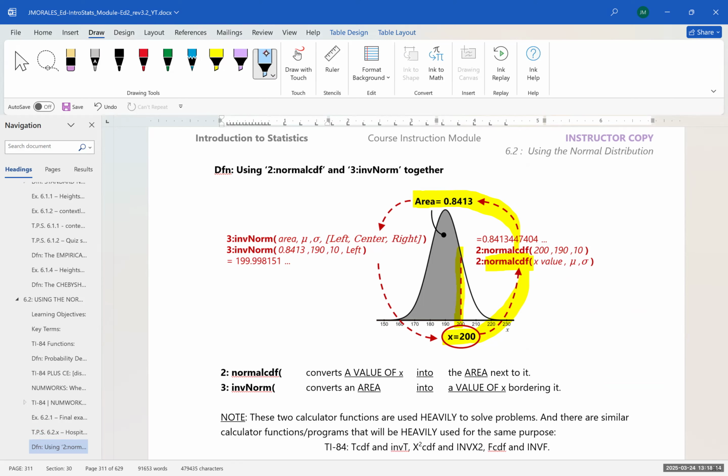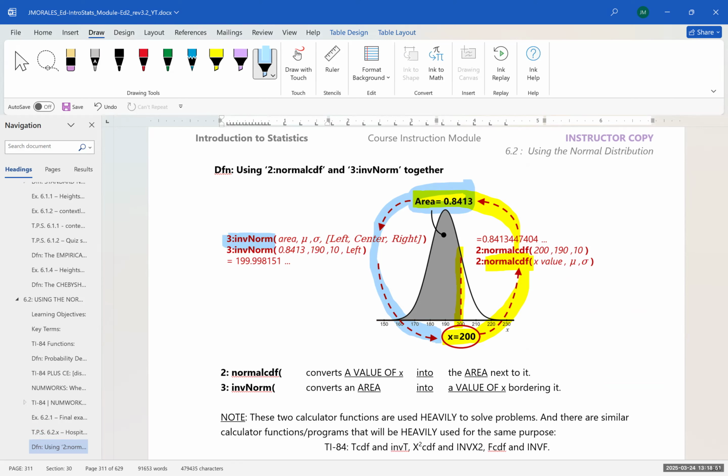But sometimes you need to start with an area, and from the area, you use an inverse distribution function, and that will give you the value of X that borders that area. So it goes in the opposite direction. The CDF and the inverse functions are like inverses of each other.